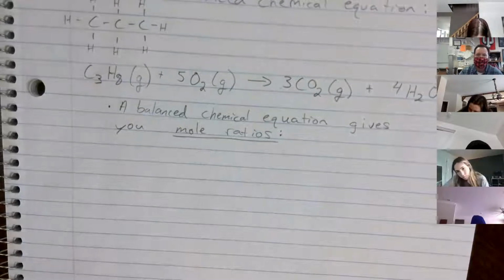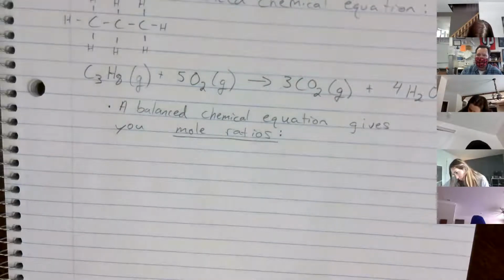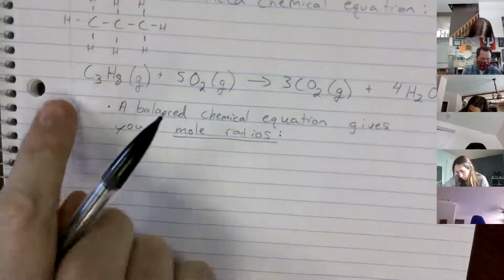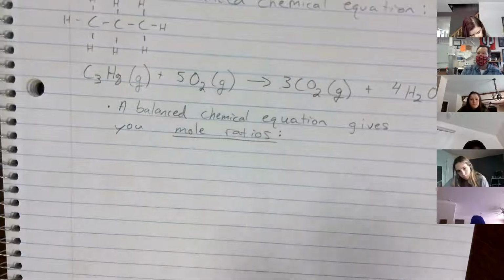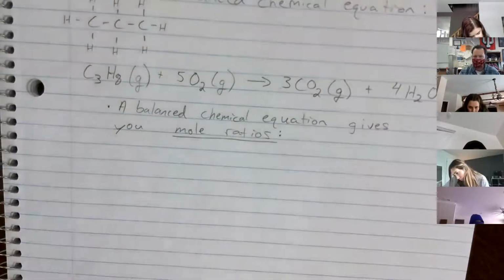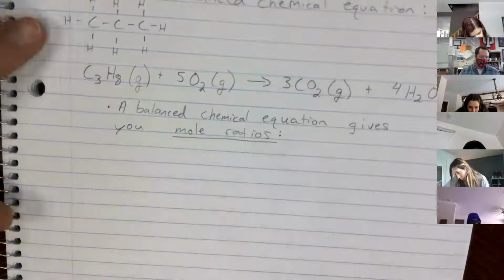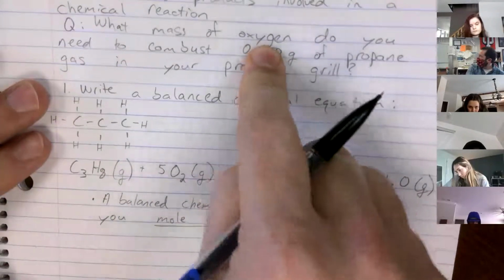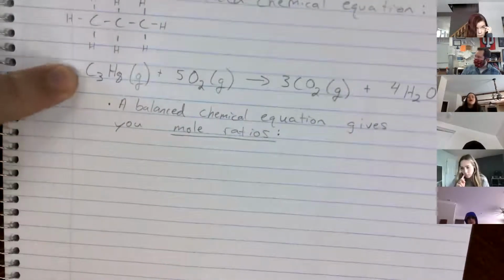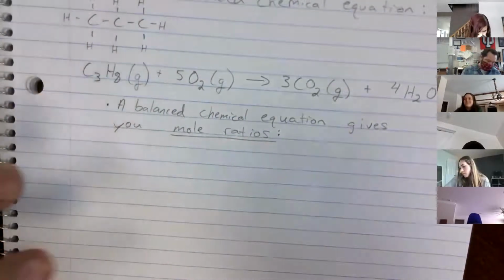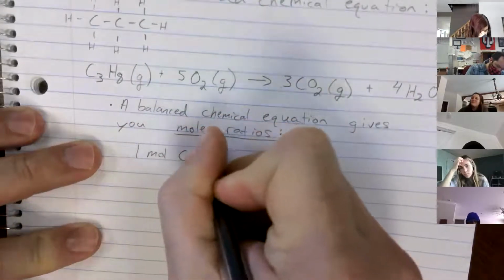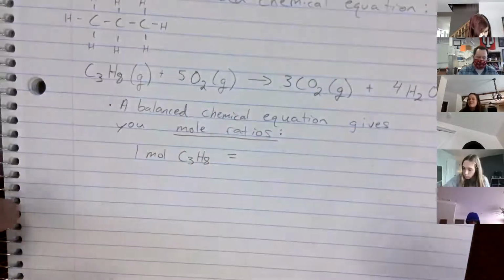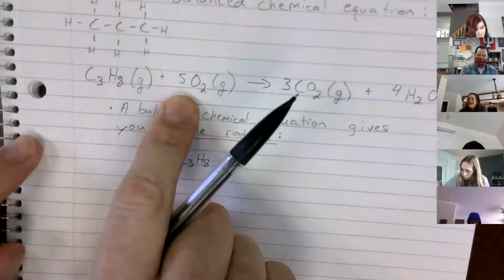So that's the whole reason why we did that last chapter. So we can see how many moles of each compound react with moles of the other compound. For the ones we're looking for, oxygen and propane, that mole ratio, it's an implied 1 if there's not a number there. That mole ratio is 1 mole of propane is equal to 5 moles of oxygen.